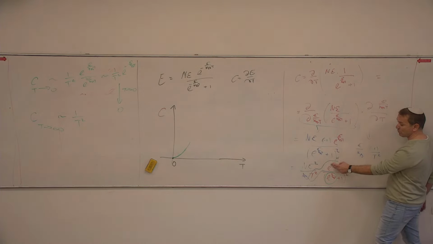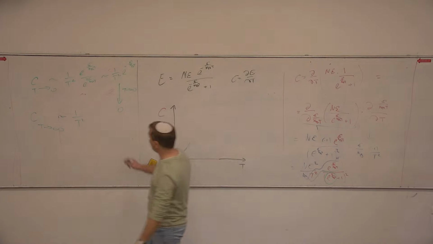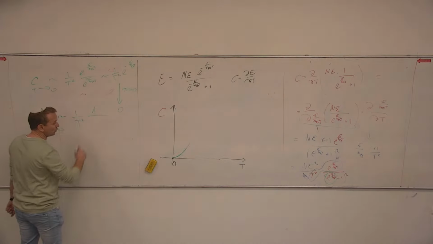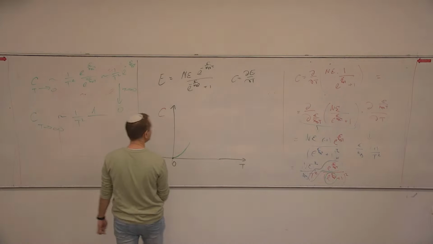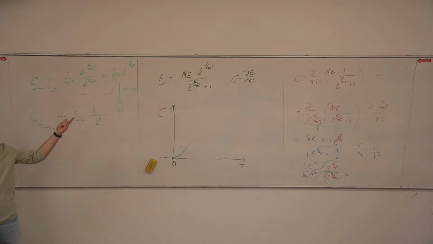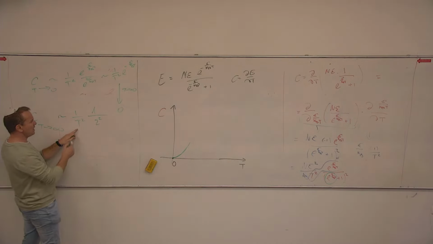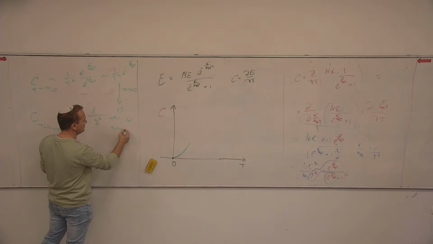So e to the power of something, as t goes to infinity, is e to the power of 0, which is 1. So we have 1 over here, and over here also 1 plus 1, so it's 2 squared. It doesn't really matter if it's 2, 3, 4, 5. So we have 1 over t squared, which also goes to 0 as t goes to infinity.